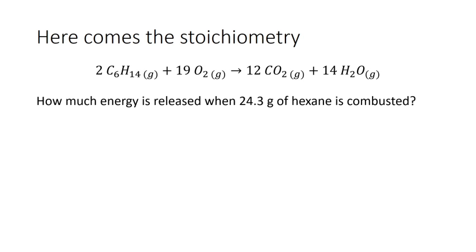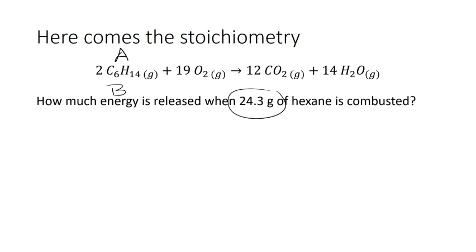We're going to treat this just like any other stoichiometry. We have this here, but then we ask, what is our B? Our B is energy. And we calculated a value that we're going to use in this stoichiometry when we calculated delta H.